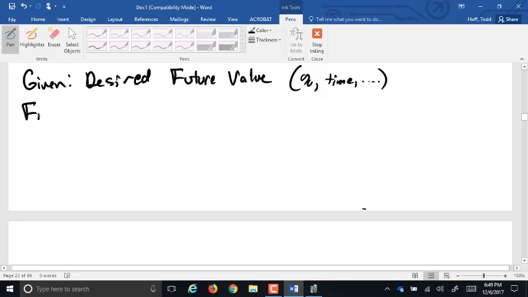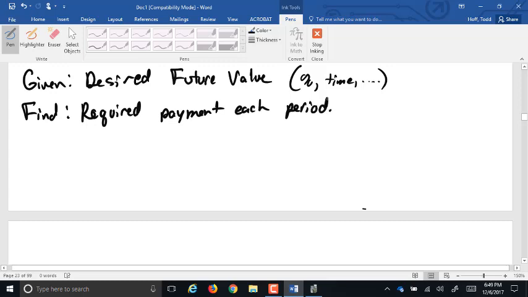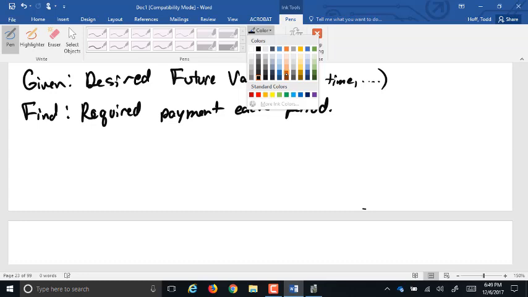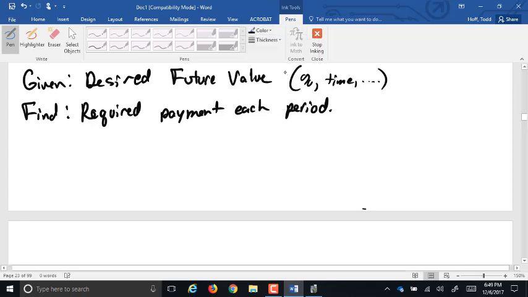And we want to find the required payment each period. This formula will look shockingly familiar.